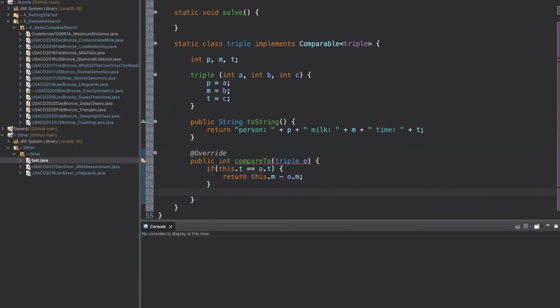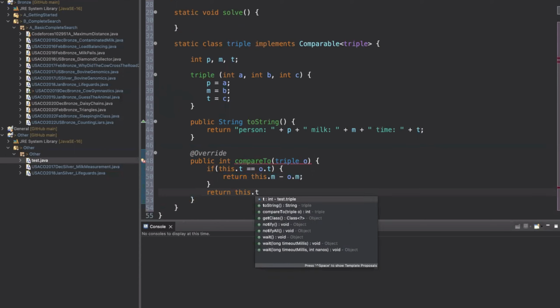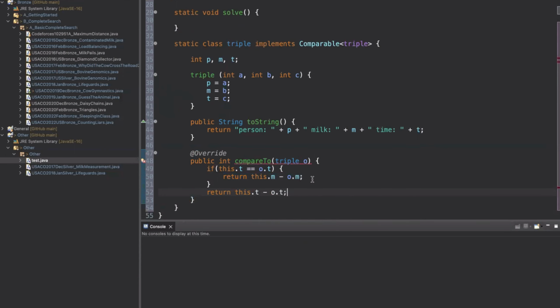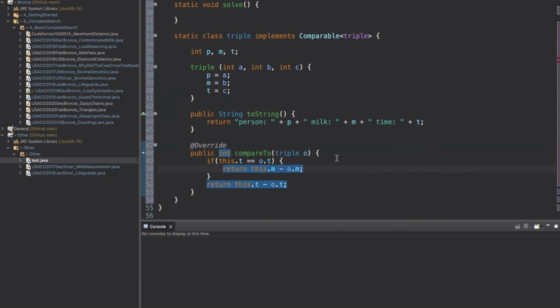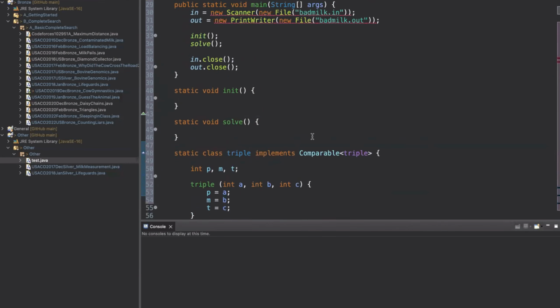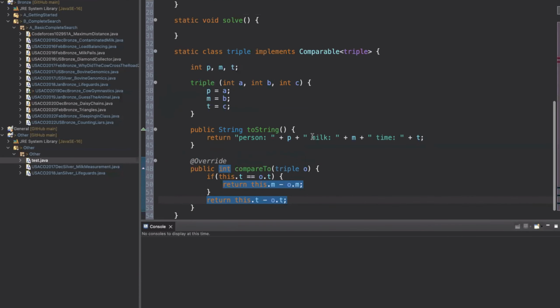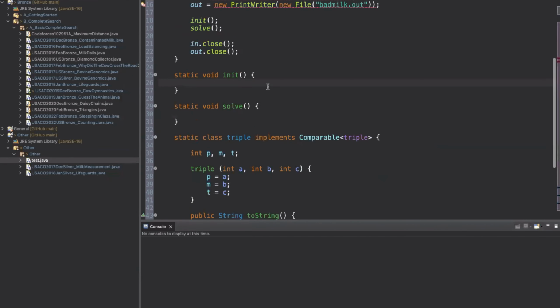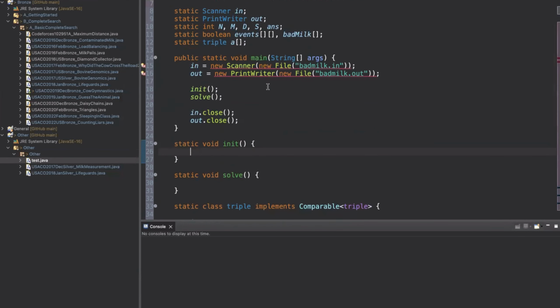But otherwise, you can make it so that you compare the times. And now I'm going to initialize everything.